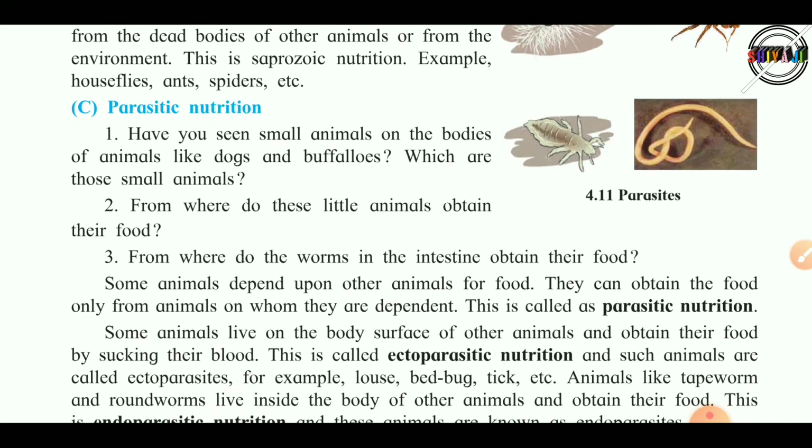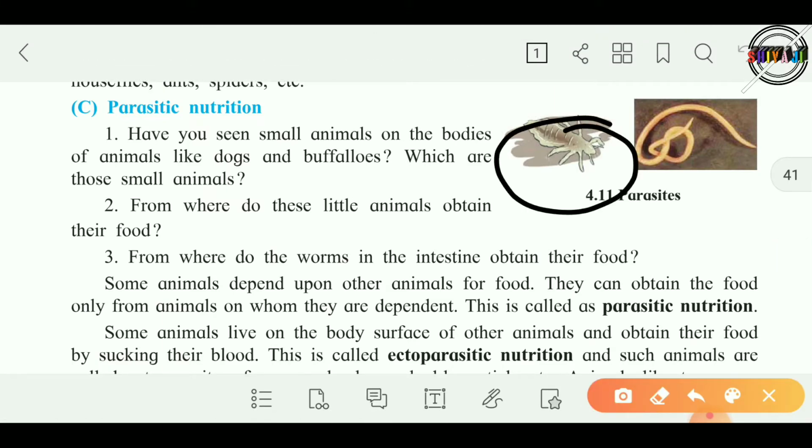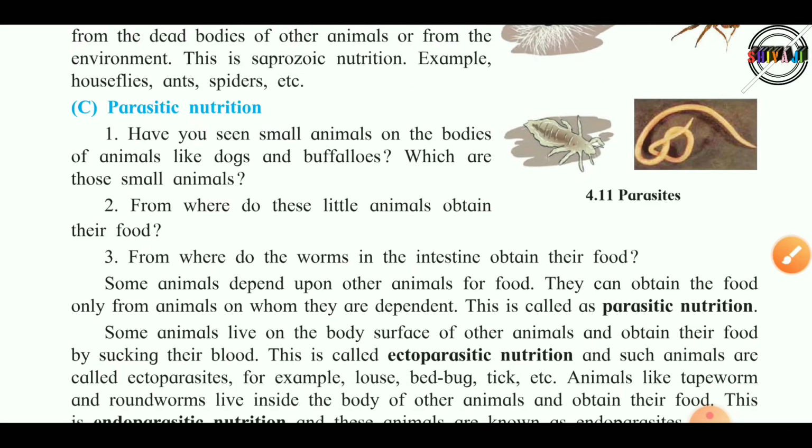Then another one, parasitic nutrition. Have you seen small animals on the bodies of animals like dogs and buffalo? Which are these small animals? These are small animals on dogs and buffaloes. They are totally dependent on their body.